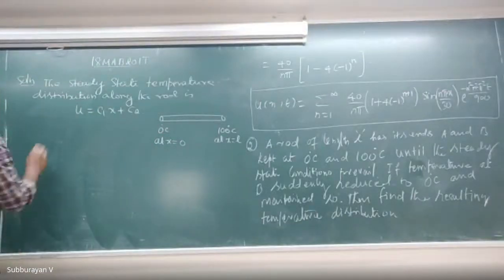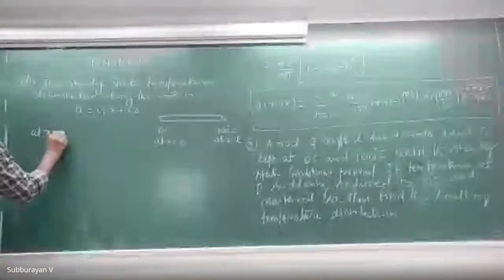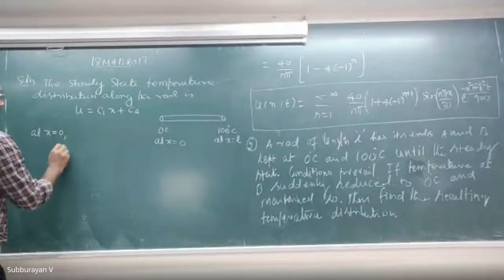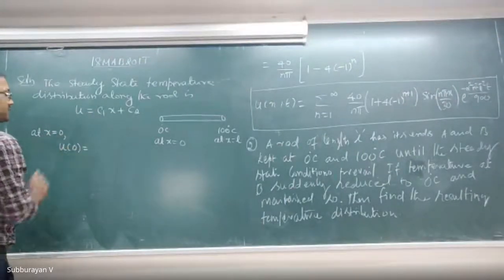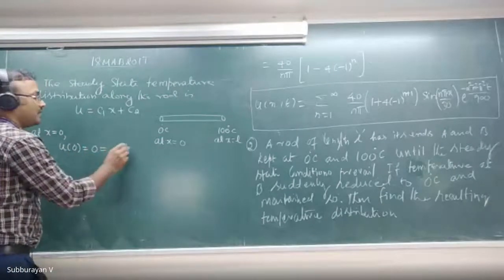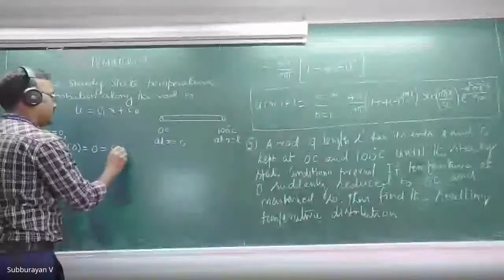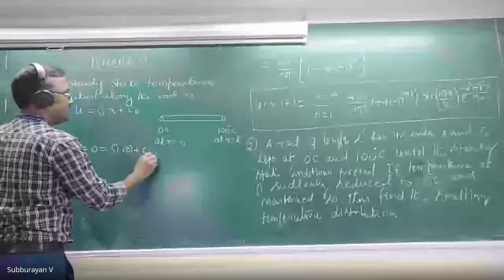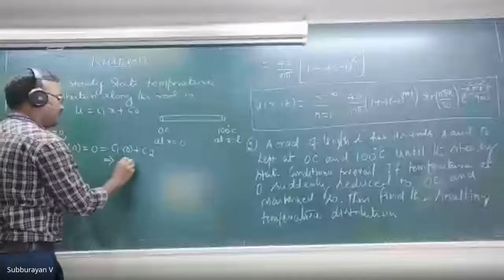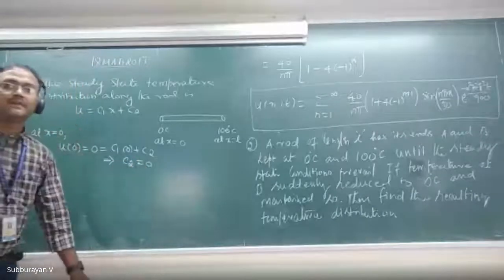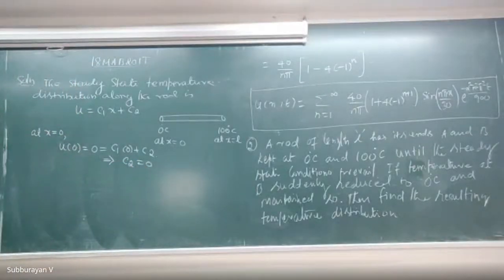Therefore, at x equal to 0, U of 0 equals 0, because this is 0 degrees Celsius, so 0 equals C1 into 0 plus C2, which implies C2 equals 0.